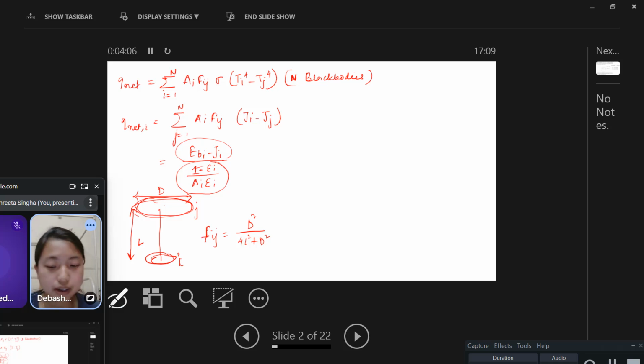This is the formula. And then for two parallel infinitely long surfaces like this, these are infinitely long surfaces and also parallel.